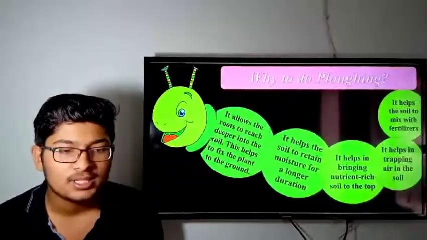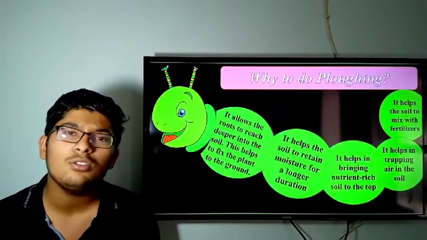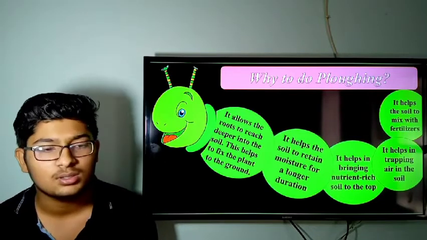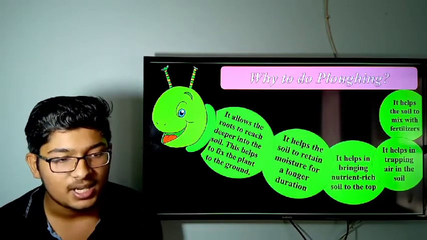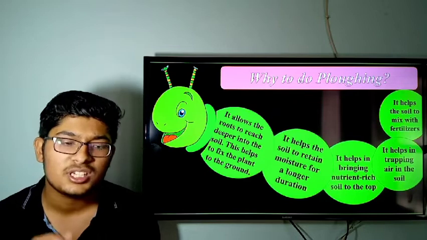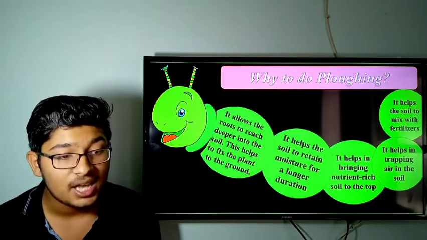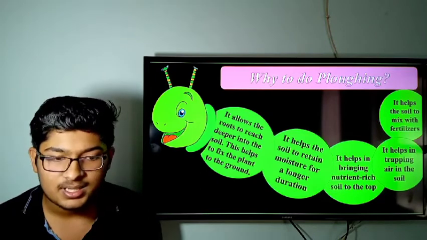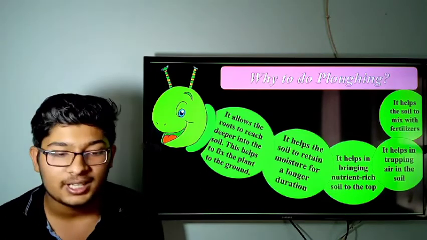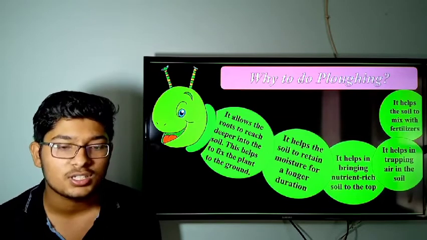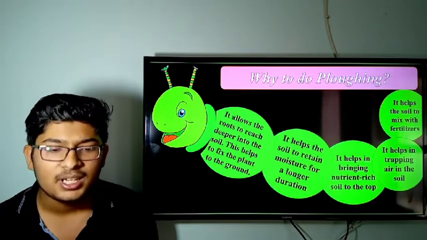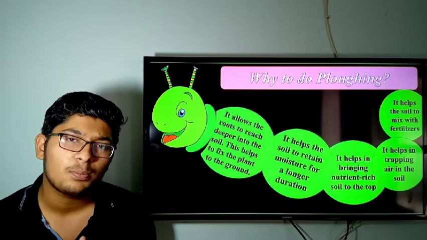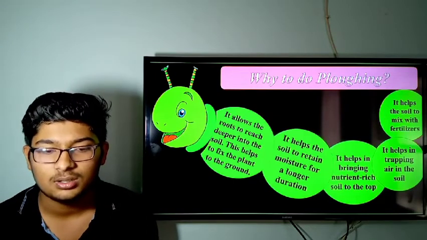The next slide is why do we do plowing? The reasons are: it allows the roots to reach deeper into the soil. This helps to fix the plant to the ground. It helps the soil to retain moisture for a longer duration. It helps in bringing nutrient rich soil to the top.